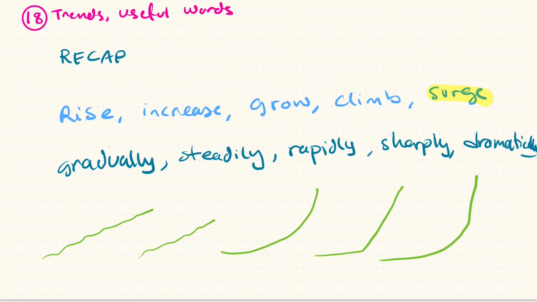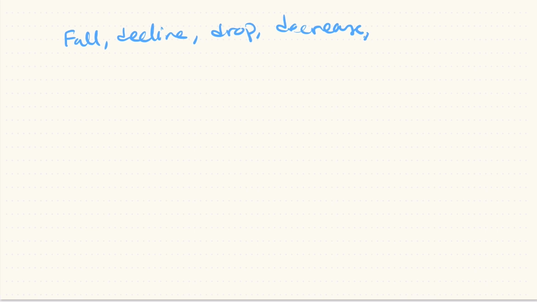Same as the increase, there's the opposite of it, which would be decrease. So for decrease, you can use verbs such as fall, decline, drop, decrease, obviously, diminish, for example when something became smaller, going down, and finally plummet.